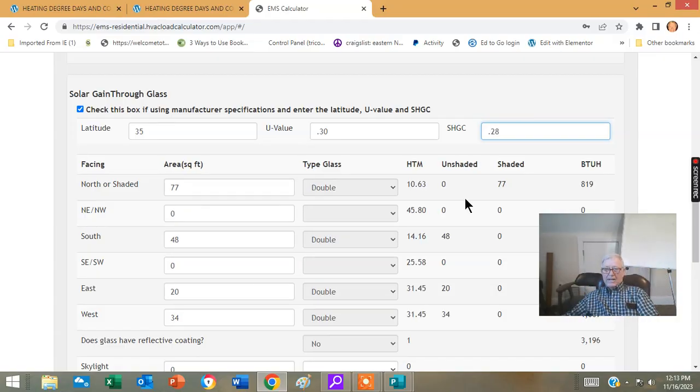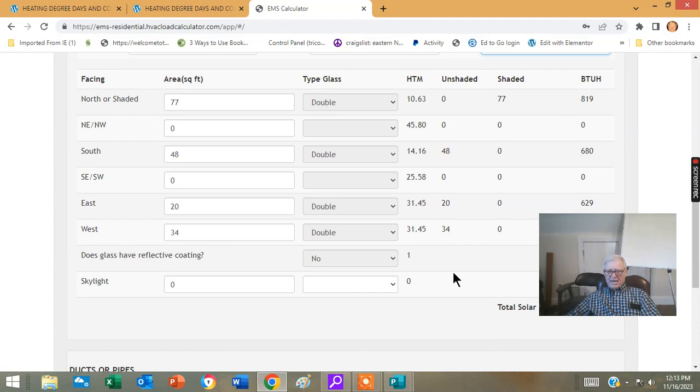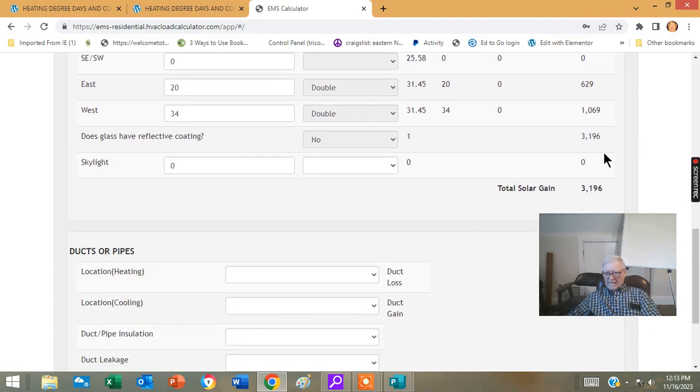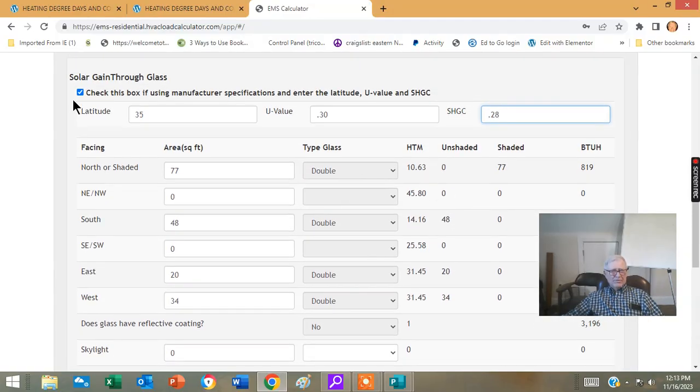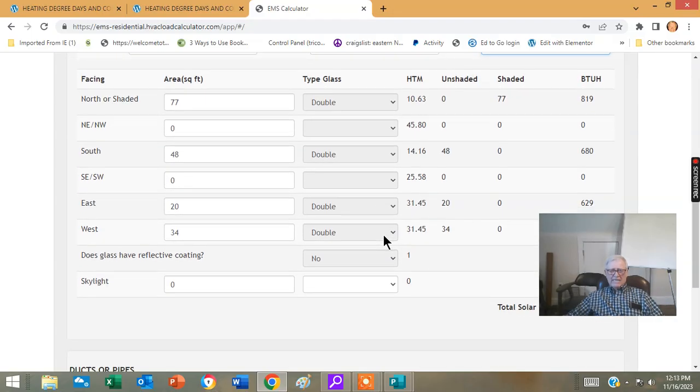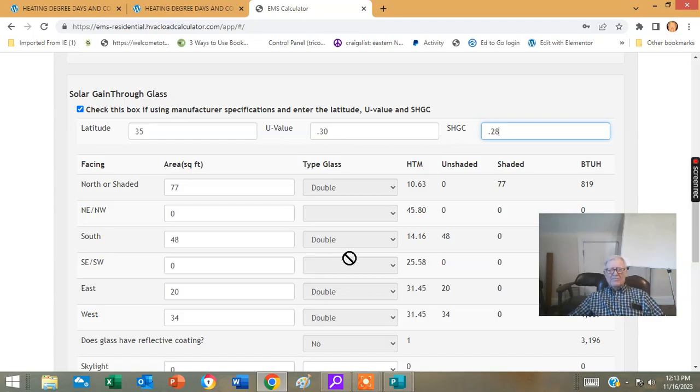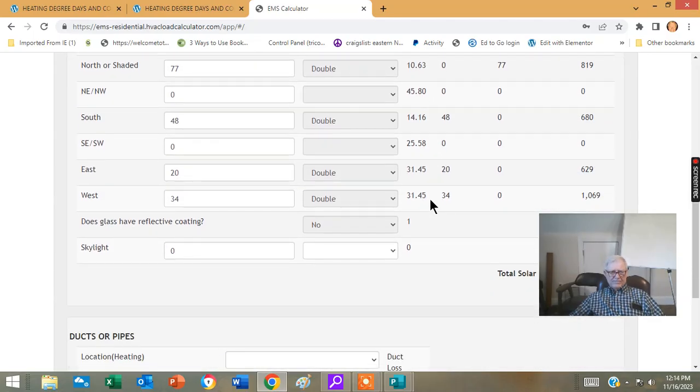Okay. And now it's changed all these HTMs, and now we went from 7,800 BTUs down to 3,196 BTUs. If you use the manufacturer specs, always keep this answer for does glass have a reflective coating as no, because that's already factored into these numbers up here. All right.